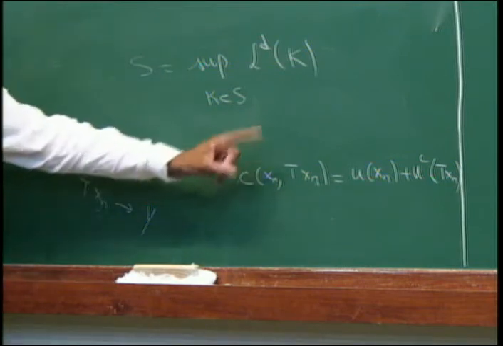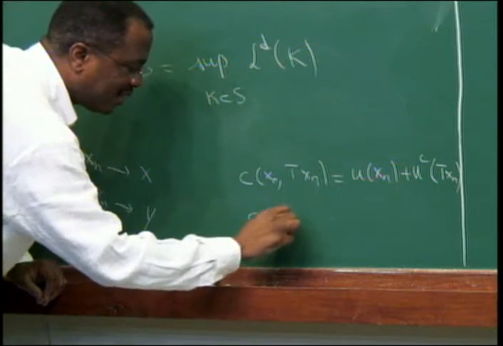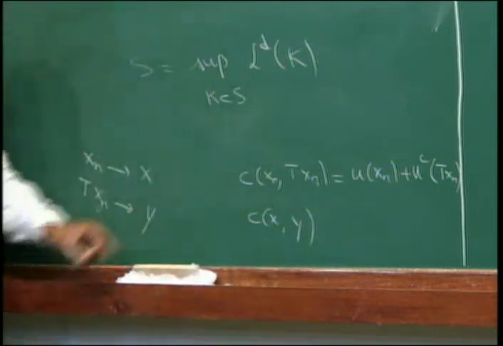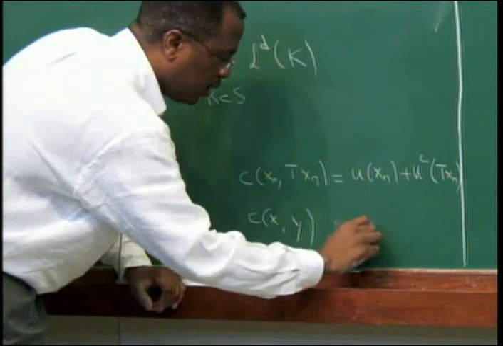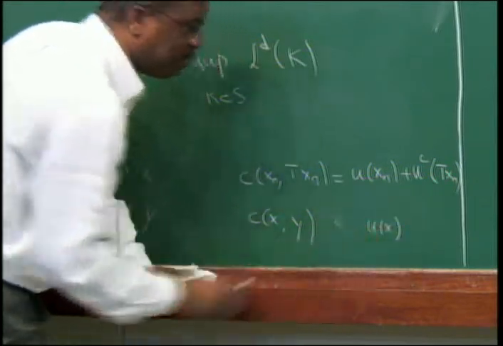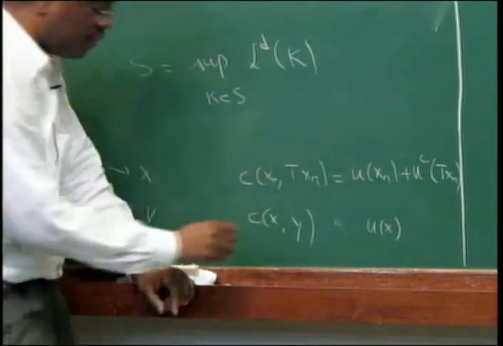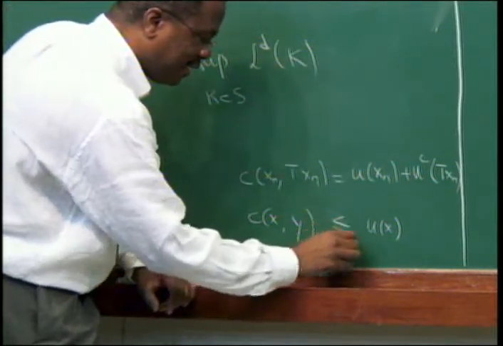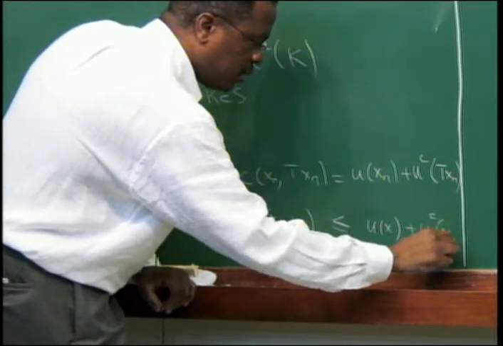When I pass to the limit, I let n go to infinity here, I get a C of x, y. This one goes to U of x. U^c is upper semi-continuous. Therefore, I get this inequality, U^c of y.